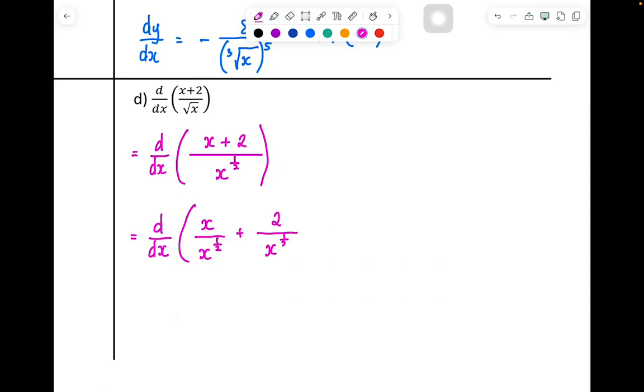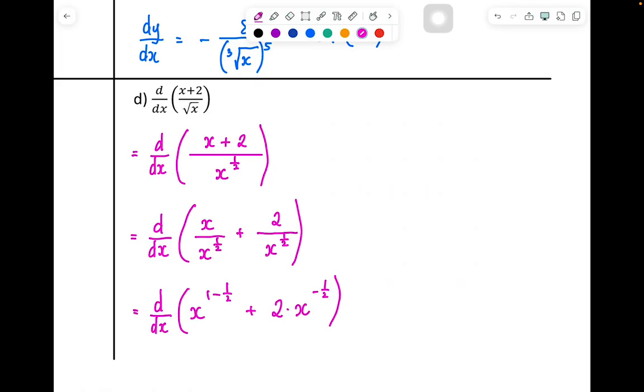Now I'm splitting up the fraction. And I am now going to subtract the powers. So this is the same as x to the power of 1 minus a half, plus, for this one here, I'm going to take x to the power of a half from the denominator to the numerator.